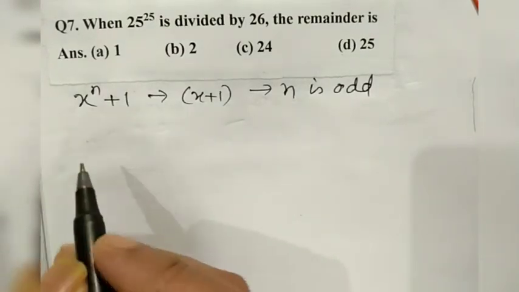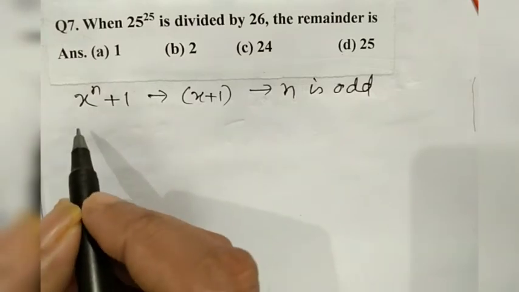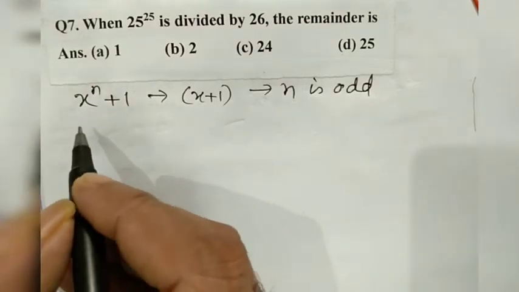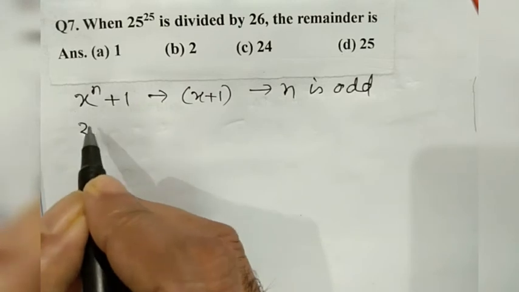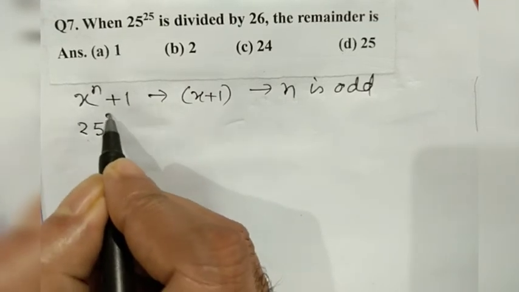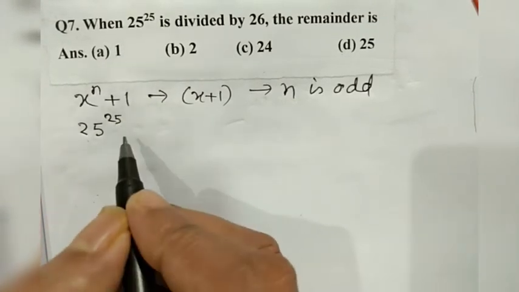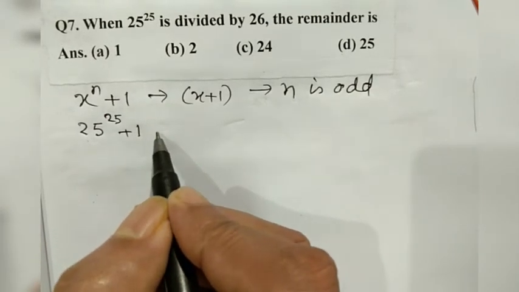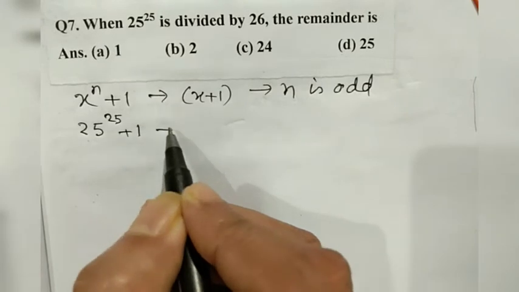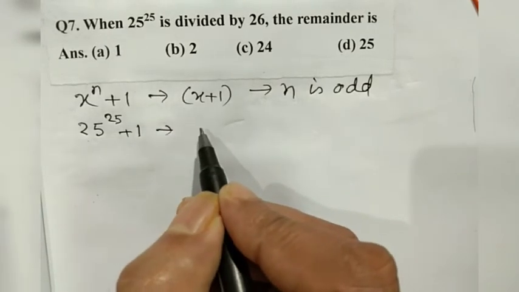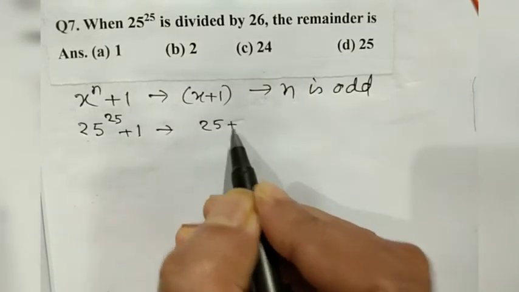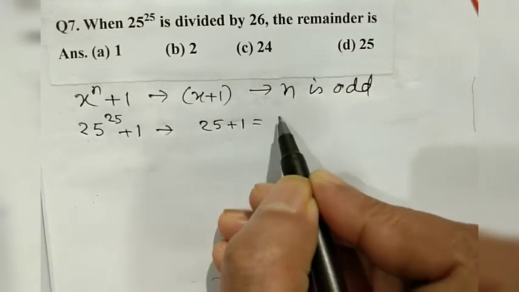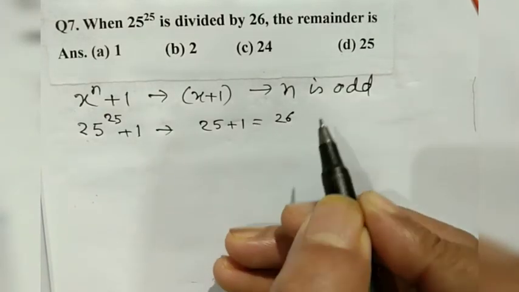Then 25 to the power 25 plus 1 is completely divisible by 25 plus 1, which equals 26.